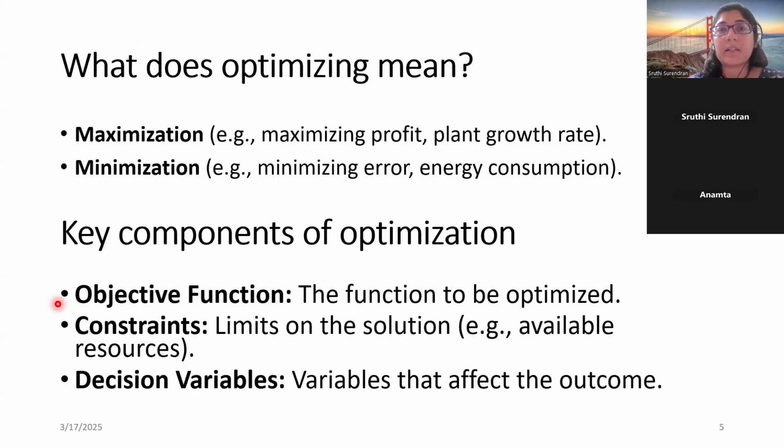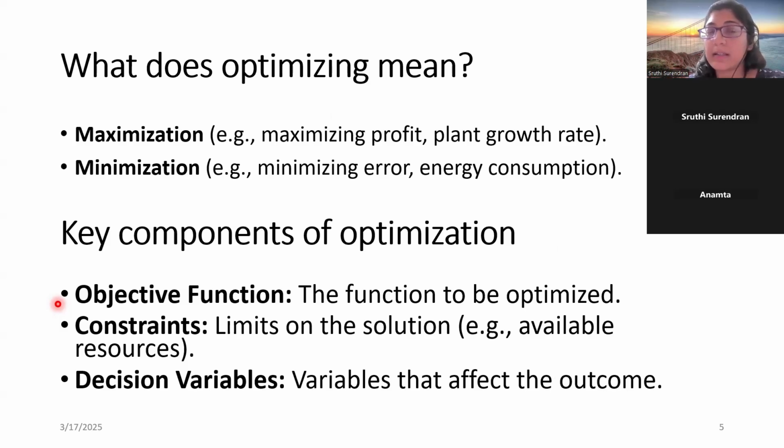So optimization is basically nothing but maximization or minimization. Some examples we can think about are when we want to maximize our profit, maximize our yield, or maximize the growth of the plant. All these are optimization by maximizing the result.